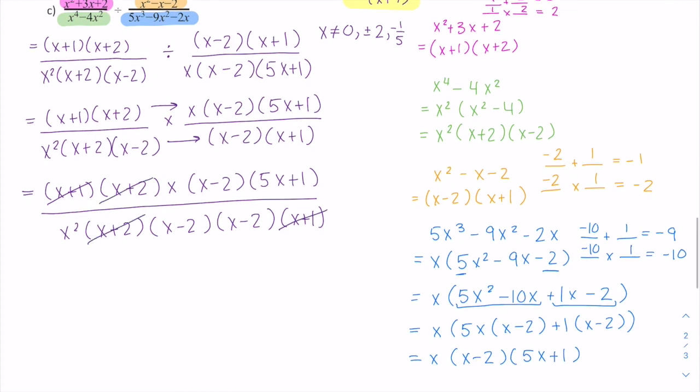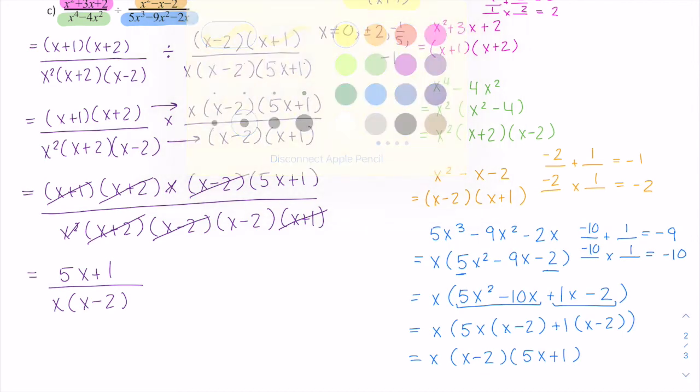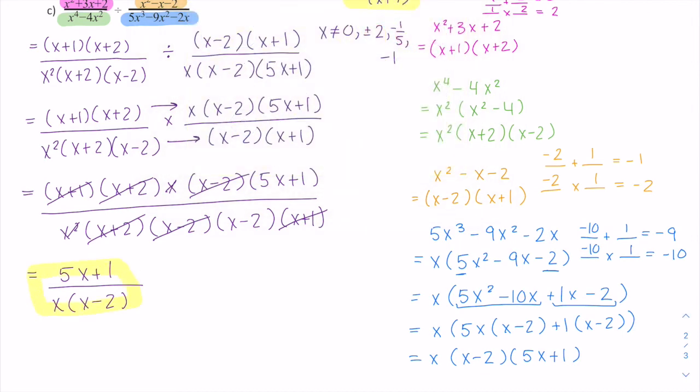And in addition to that, we also need to make sure that we're not missing any restrictions here. We have everything except that negative 1. That's another restriction. And now we're left with 5x plus 1 all over x times x minus 2. And that is our final answer. There we go.